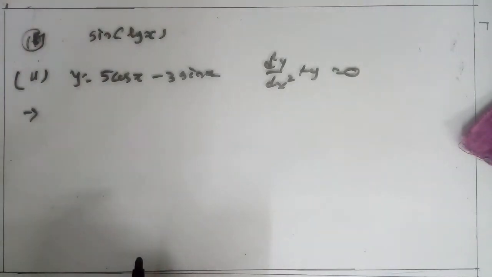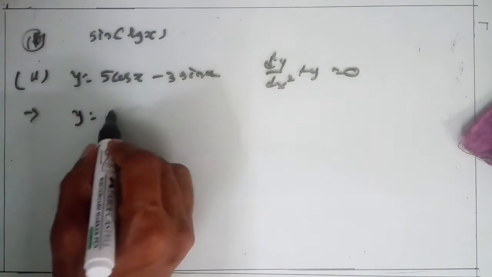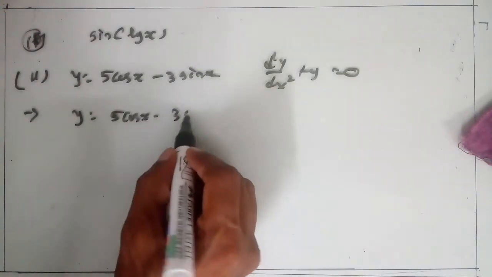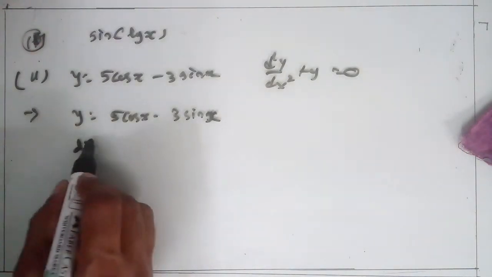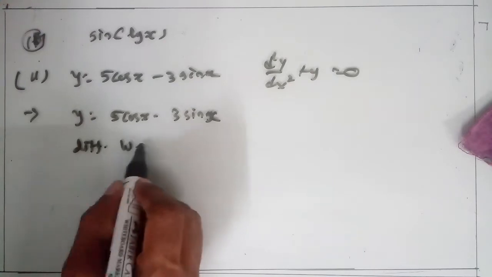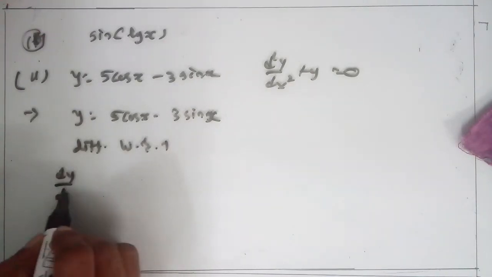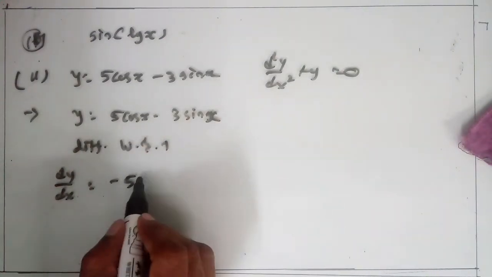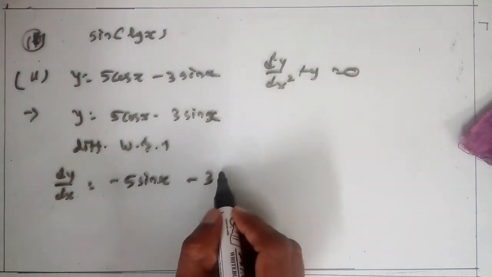In this type of question, take y is equal to 5 cos x minus 3 sin x, the given terms. Now differentiate with respect to x. Here we get dy/dx is equal to 5 times the derivative of cos, which is minus sin x, minus 3 times the derivative of sin, which is cos x.